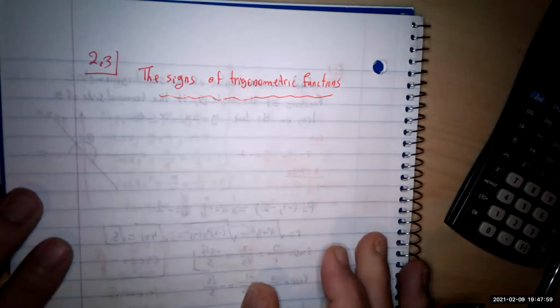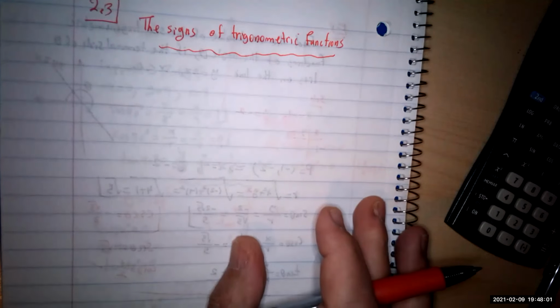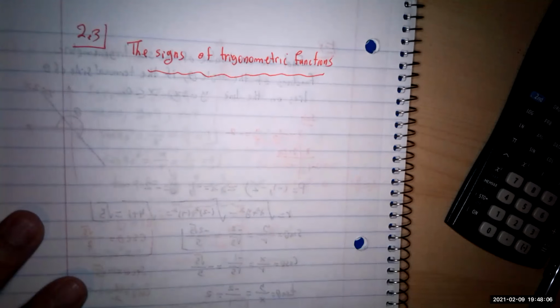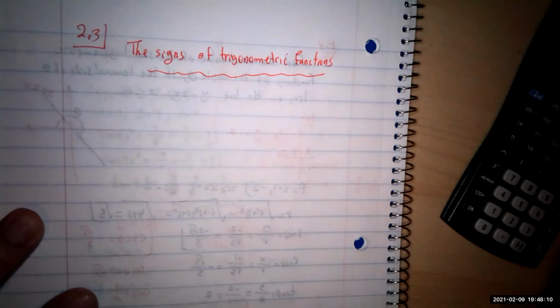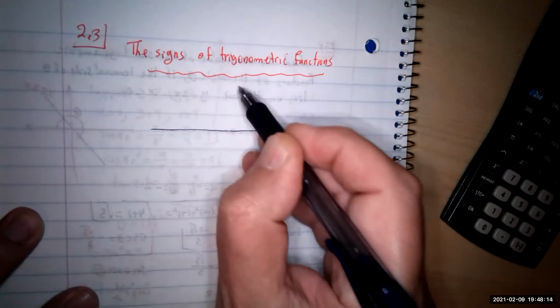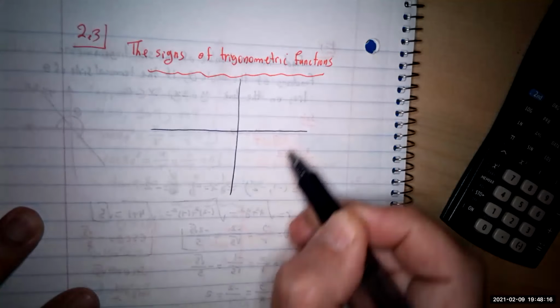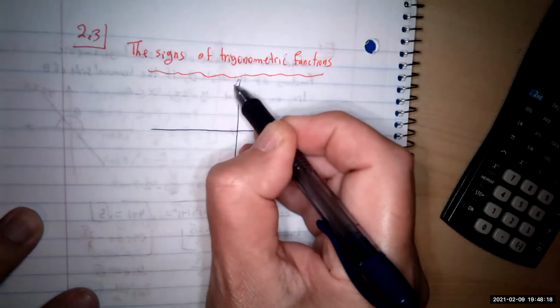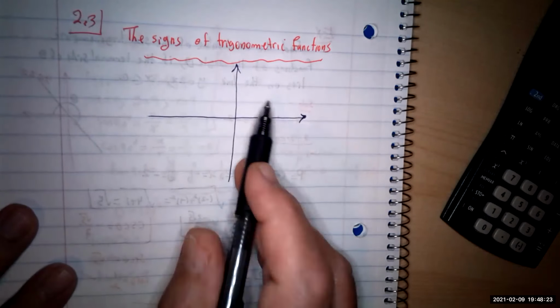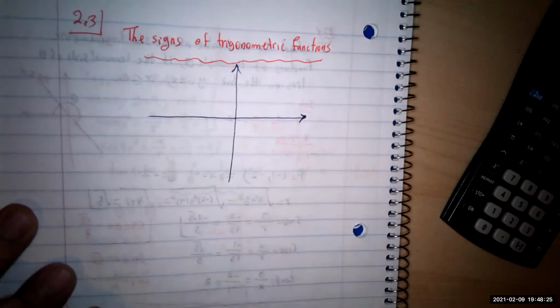All of them would be grouped in just 2 problems. Okay, as we talk about it, you can consider an XY coordinate system. And you know that it's going to be the first, the second, the third, and the fourth quadrant.